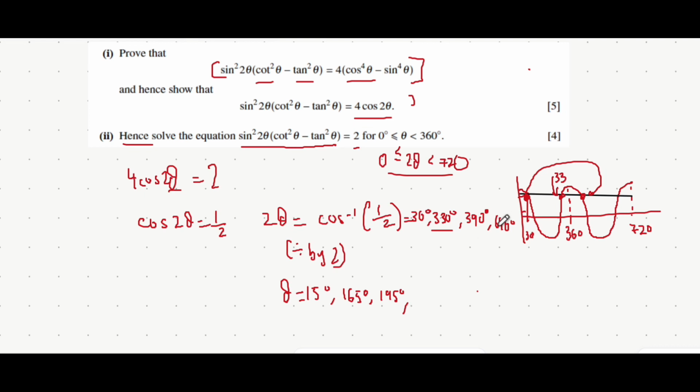And lastly, 690 divided by 2 is 345. And those are all your solutions of theta that fall in between 0 and 360.